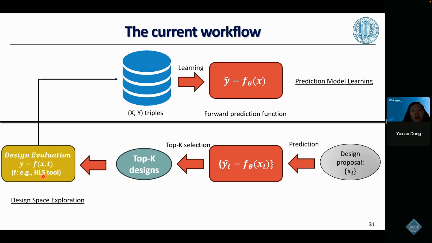Once we have done the real evaluation, we put our XY pairs back into this database. So we really need a loop, meaning that this database is not just offline, it keeps updating. That implies that we probably also need to keep updating our forward model. And how we propose a design is also a bottleneck.